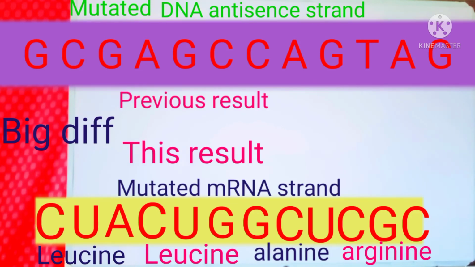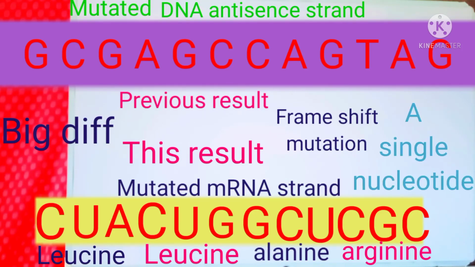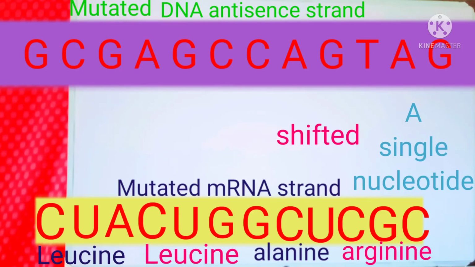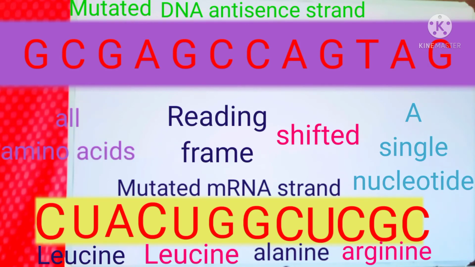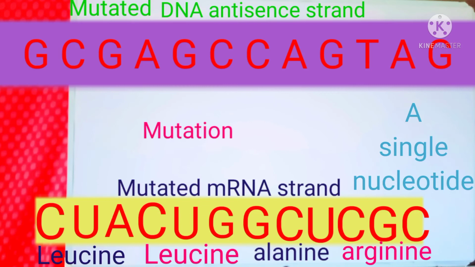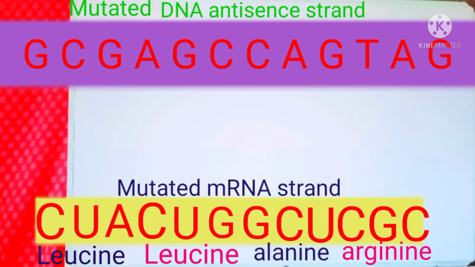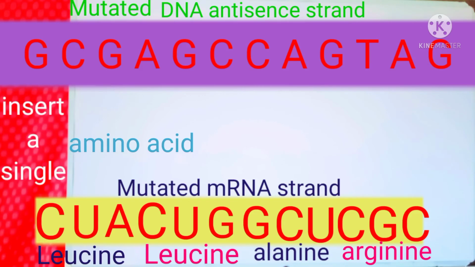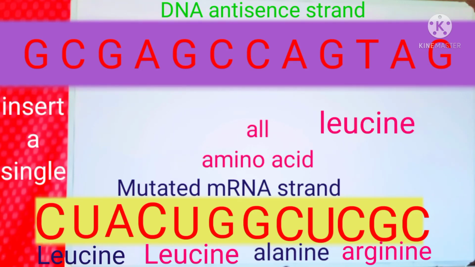Because in the previous case we had a frame shift mutation, since we inserted only a single nucleotide, it shifted the reading frame, and that changed all the amino acids that were produced after our mutation. But in this case we don't shift the reading frame. So we simply insert a single amino acid, and all the amino acids that are produced after the inserted amino acid are exactly the same as before.